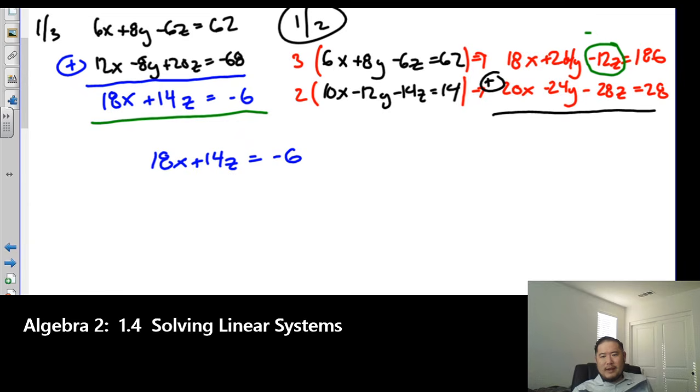This should be negative 18. So I'll come back to this part. Let's go ahead and add these two things together. So I got 38x, the y's cancel out, and I've got negative 18, and then we have ourselves minus 28.